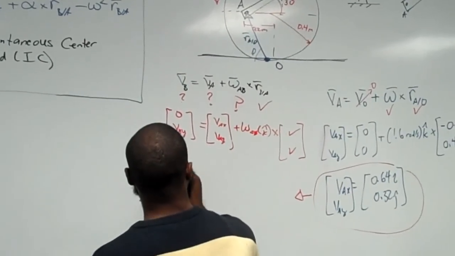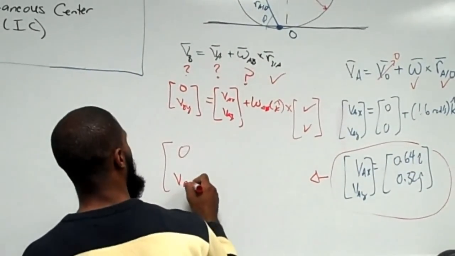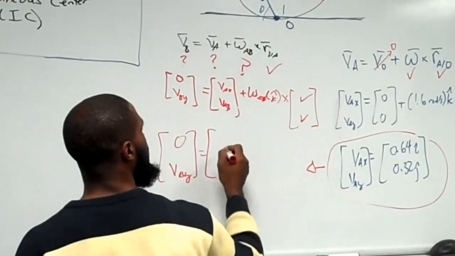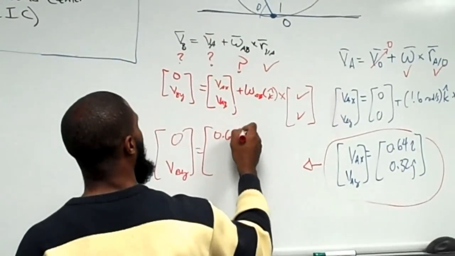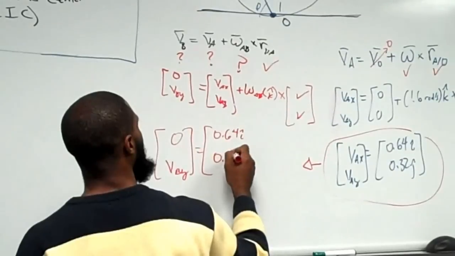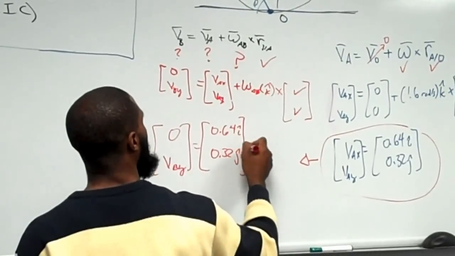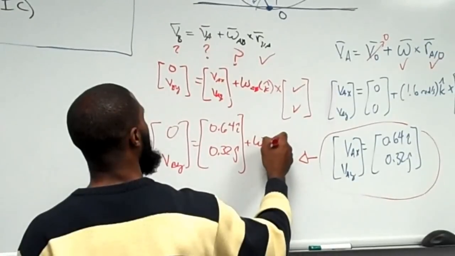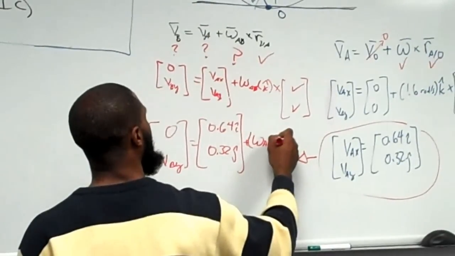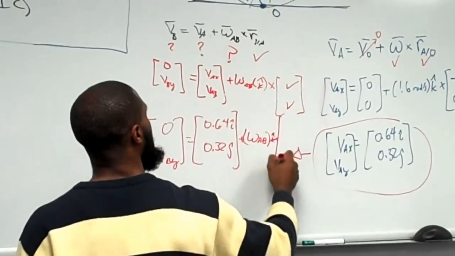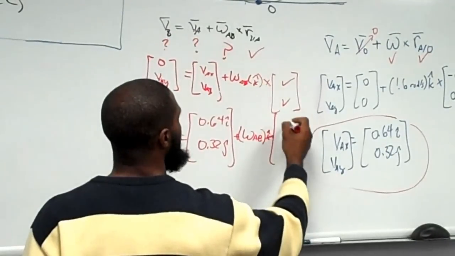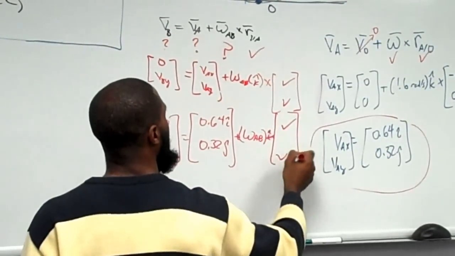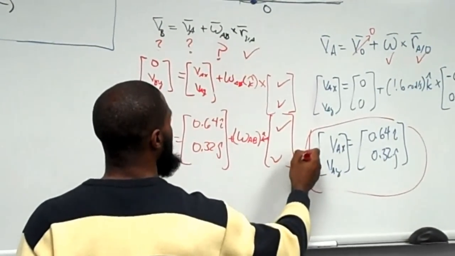And we get 0, V_B in the Y is equal to 0.64 i hat and 0.32 j hat, plus the unknown omega_AB in the k hat direction, cross, again, the known position vector from A to B. I don't want to write it, I don't want to confuse you guys for now.